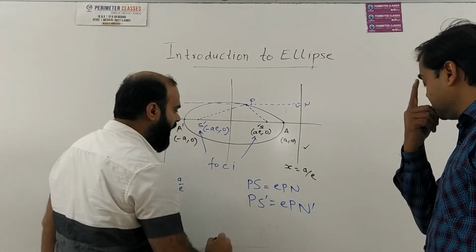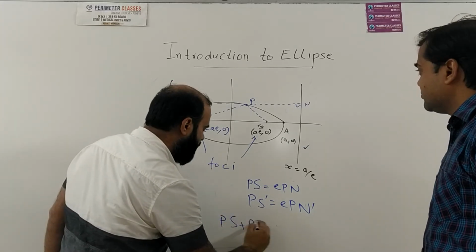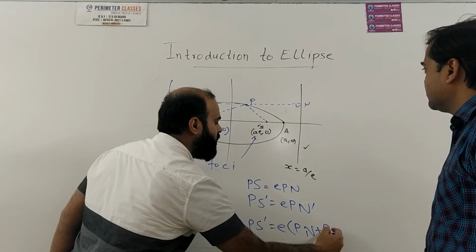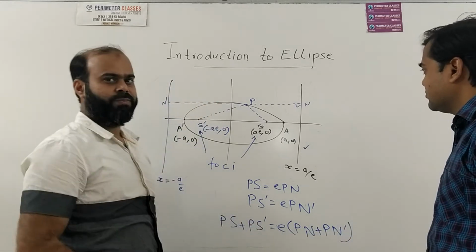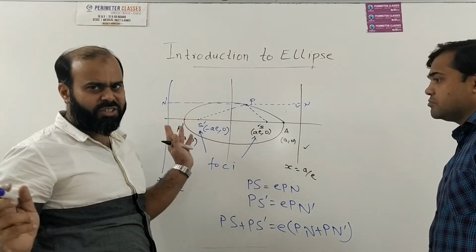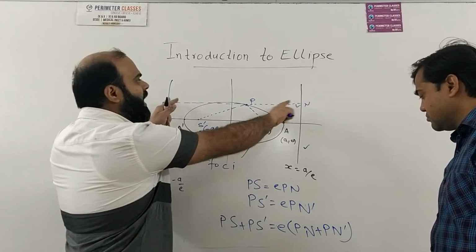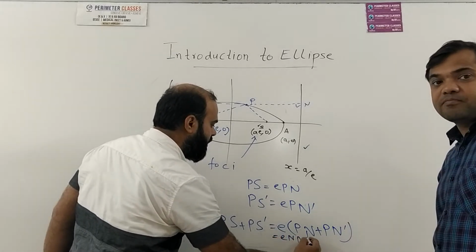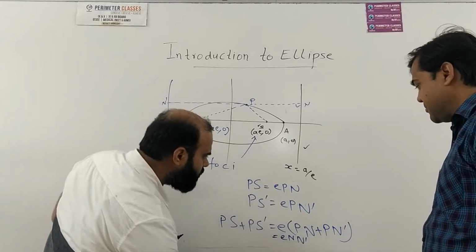Now what we are doing, we are adding both of them. So PS plus PS' is equal to e times (PN plus PN'). So what is PN plus PN'? Geometrically it is very clear that this is NN'. So this is actually e times NN'.